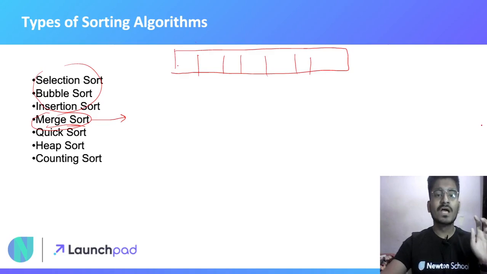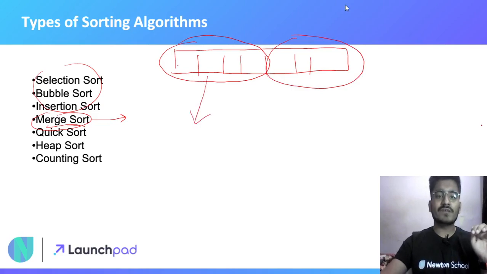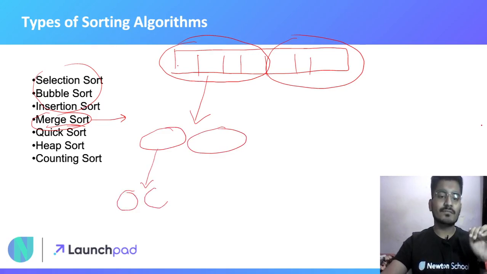We divide the container into two halves, and then we divide each half again into two halves, and again, until all the portions contain a single element. Then we merge them again in sorted order to make our container sorted.